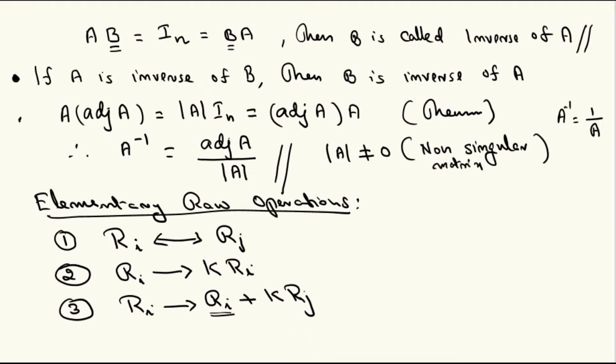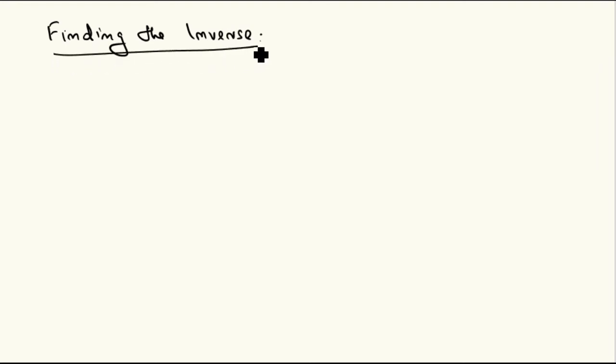See here, using these elementary operations, you want to find the inverse of a matrix. You can do it with any one of these three row transformations.